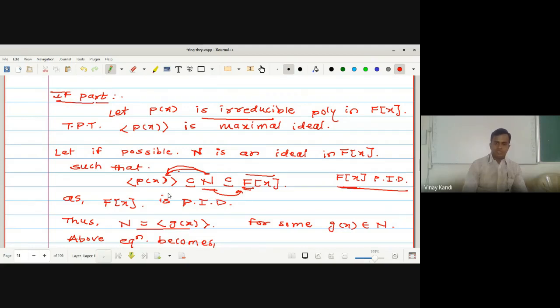So hence this is the definition of मॅक्झिमल आयडियल. हे कशामुळे होतंय? इफ पॉसिबल आपण काय म्हणलंय, जर एन हा तुमचा आयडियल मी घेतलाय इन एफ ऑफ एक्स मध्ये, तर तो कोणाला कोइन्साइड होतोय? एकतर याला कोइन्साइड होतोय किंवा याला कोइन्साइड होतोय. म्हणजे त्याचा अर्थ काय? त्या दोघांच्या मध्ये कोणीही नाहीये, कोणताही आयडियल एक्झिस्ट होत नाही.